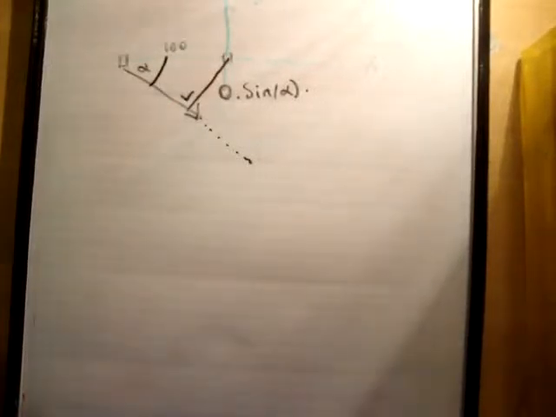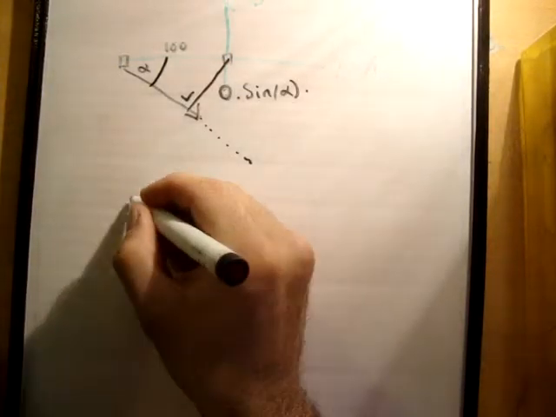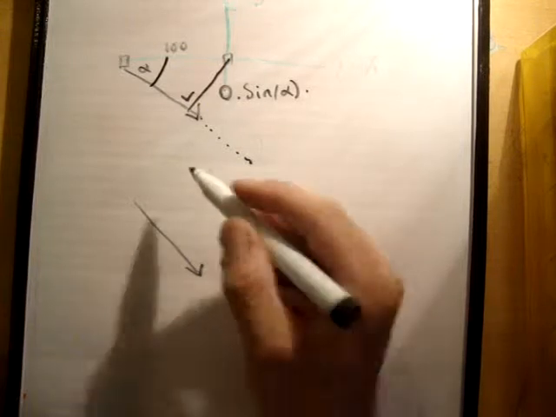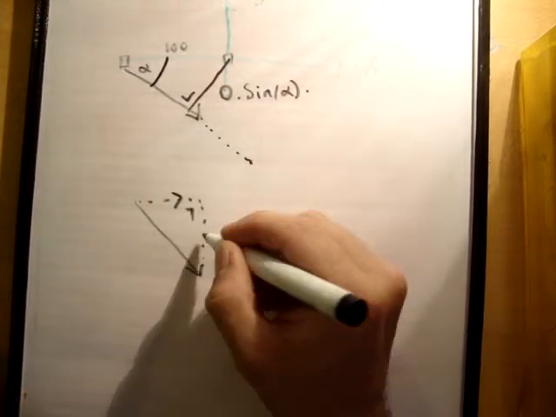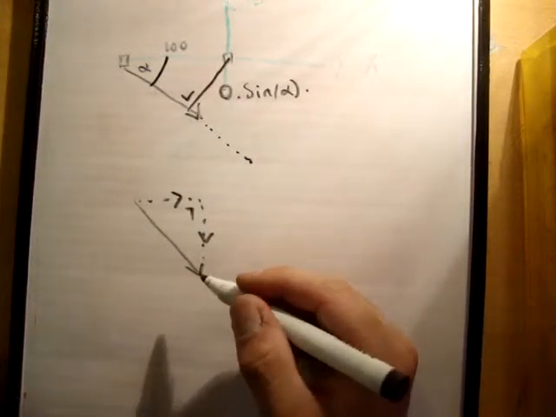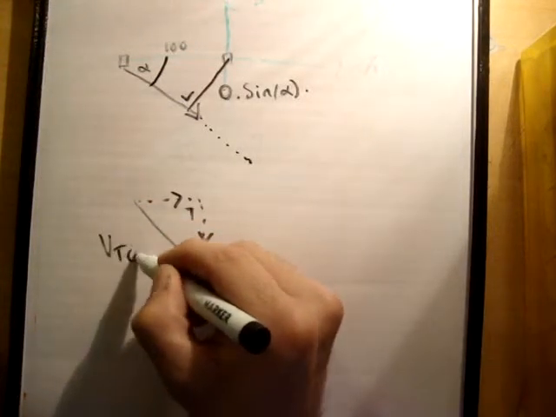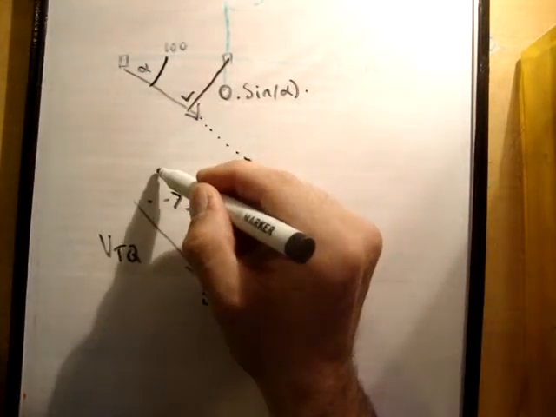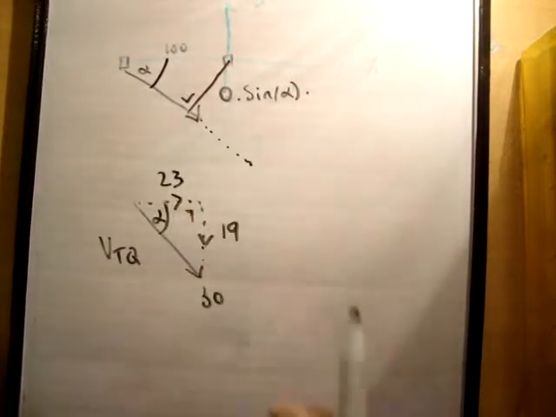So we'll just get that angle. I didn't work it out, but I suppose we'd best do it. So we had that this was the vector here, and if we resolve it, there's our right angle. The magnitude of it was 30 units. And this is VTQ. So this here was 23, and this was 19. And we want to find out this angle here.